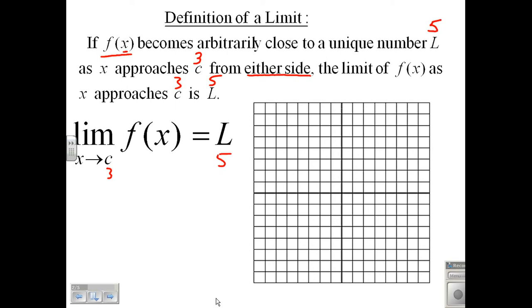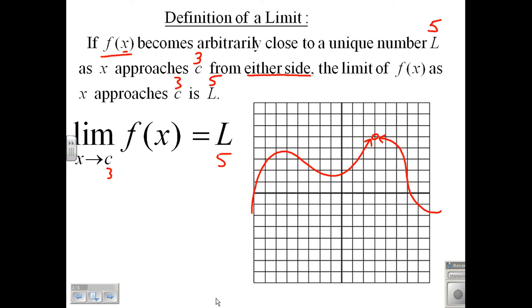So we are approaching 5 by the time we get to 3. And I don't care what's happening anywhere else on here. From either side, we're approaching 5, a height of 5, at x equals 3. Then we would say the limit as x approaches 3 is 5.